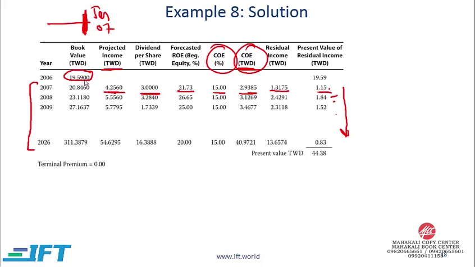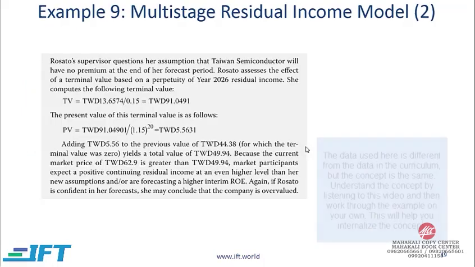If we assume that at the end of 2026 the total premium is 0, why are we assuming this? Because we are saying that by 2026 this will be a totally mature company, no competitive advantage. ROE will be the same as R, so premium 0. So how do you come up with the value of the firm? The value of the firm is the initial book value plus the present value of all these numbers.